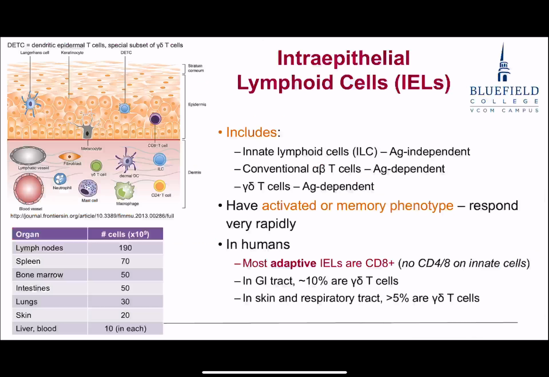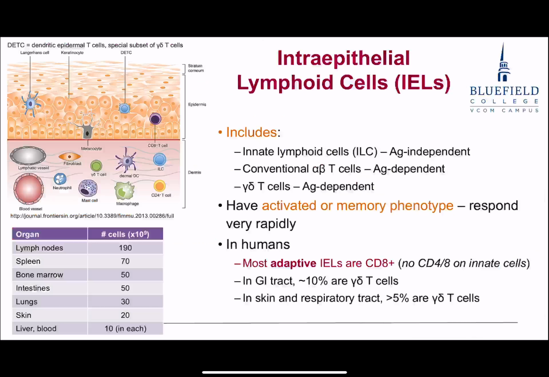It slips between two of those epithelial cells and then sends out different processes that are sampling the environment to say, all right, are you a phosphoantigen that I can recognize and then respond? So that's when to think about the word intraepithelial. It's inside the epithelial barrier, all right?